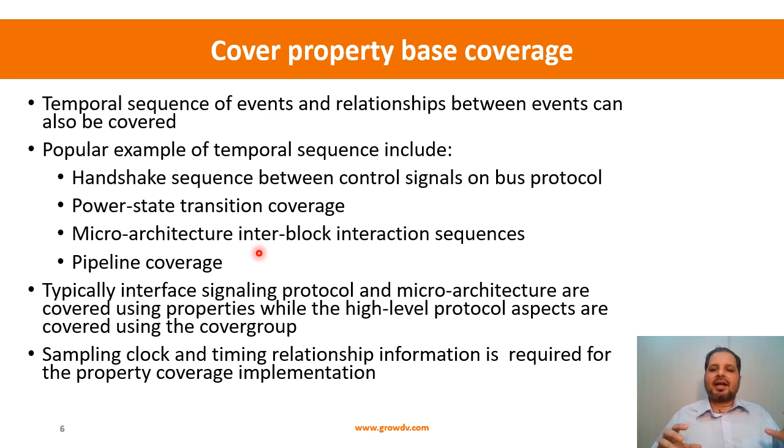And if you have a pipeline within the design, many times to improve performance, you want to check whether the pipelines are seeing the combinations of different operations taking place. For those types of things, you can use property based coverage, but please take note that some of them you can also do with the cover group.